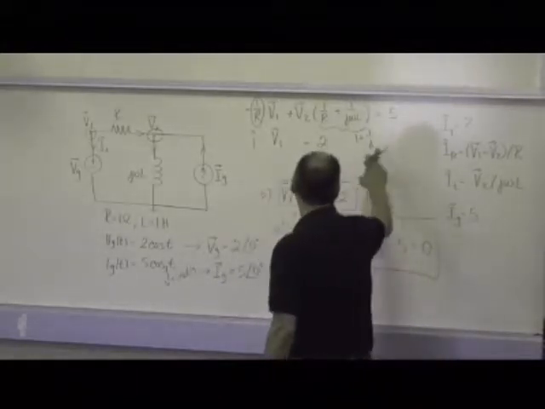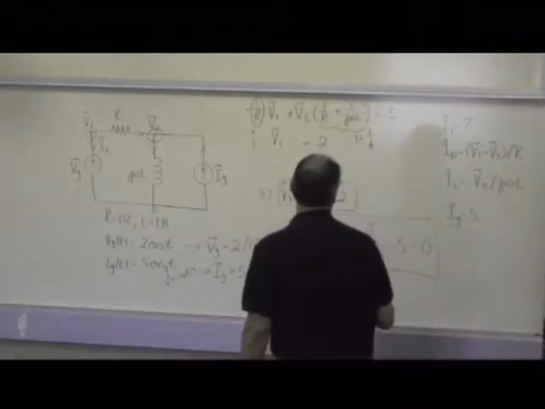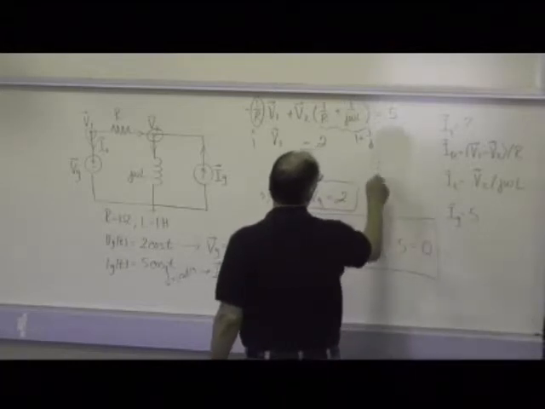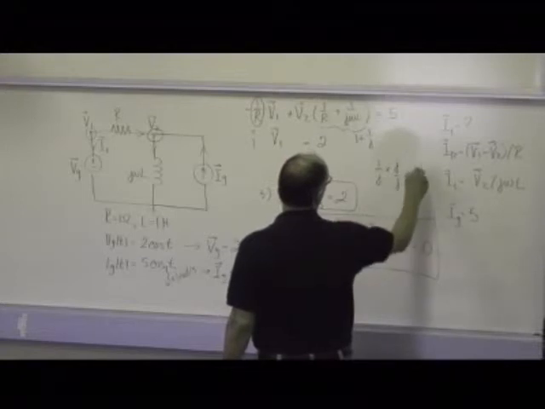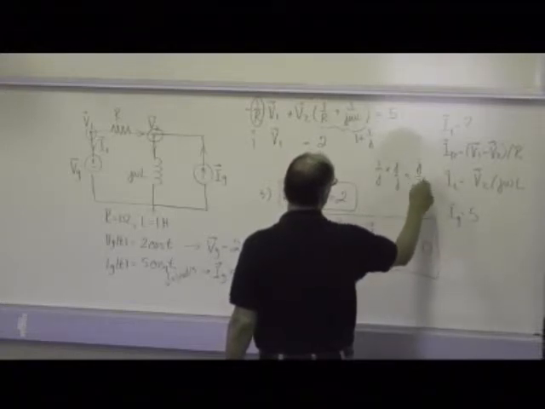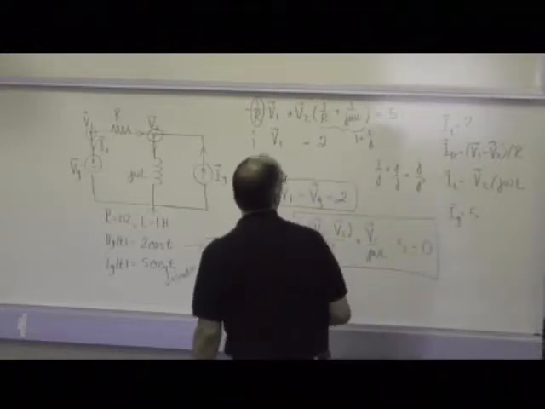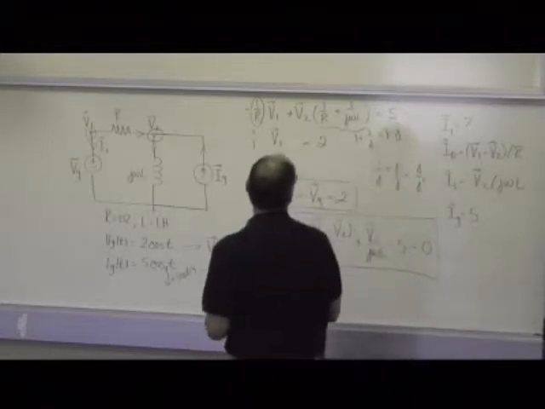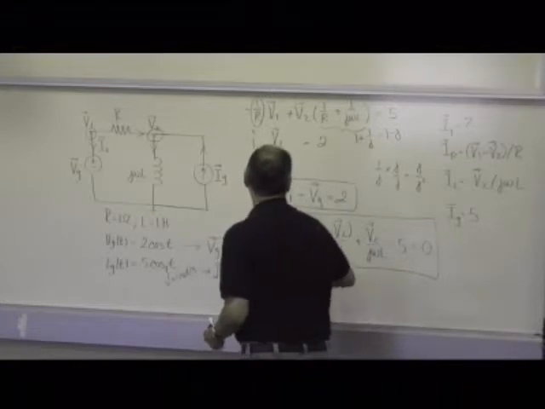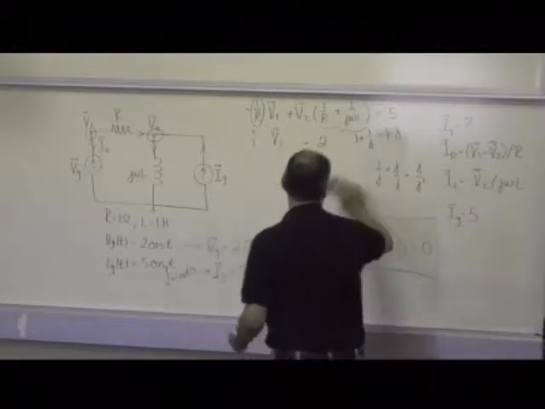You don't want j in the denominator. If you're ever in doubt, 1 over j, multiply up and down by j, and you get j over j squared. J squared is minus 1. So this becomes 1 minus j. And we're now more or less foolproof.